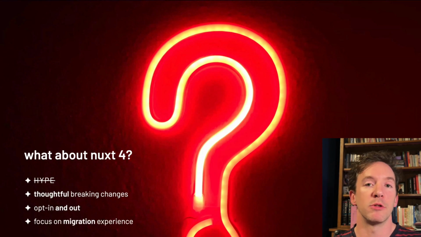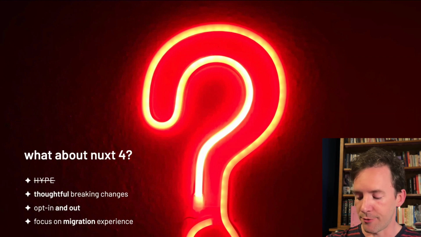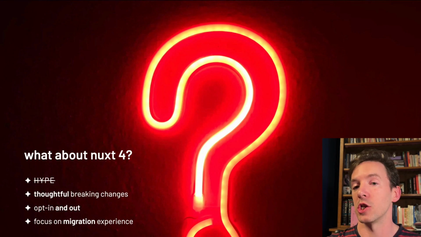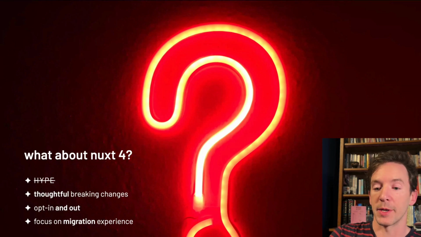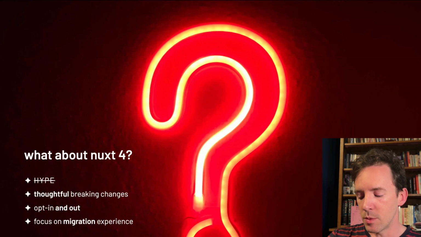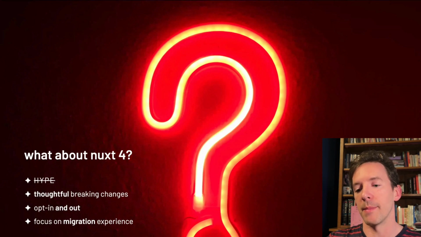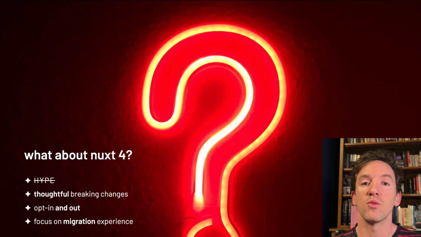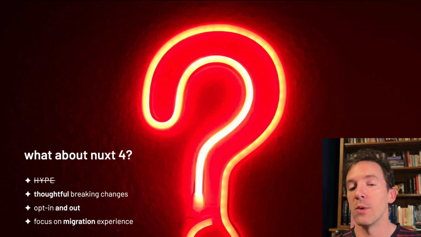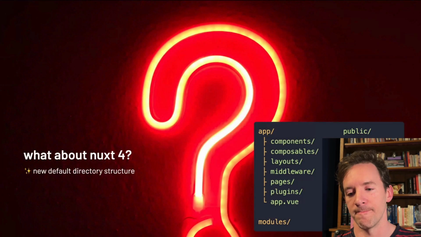In fact, it's possible to try out the Nuxt 4 breaking changes today, at least the ones that are in Nuxt, with Nitro coming soon. And we want to spend a lot of time focusing on that migration experience, so it's a good experience for users. If we get this right for Nuxt 4, we'll be very well positioned to make sure Nuxt is a better hammer long into the future, 5 and 6 and 7 and more.